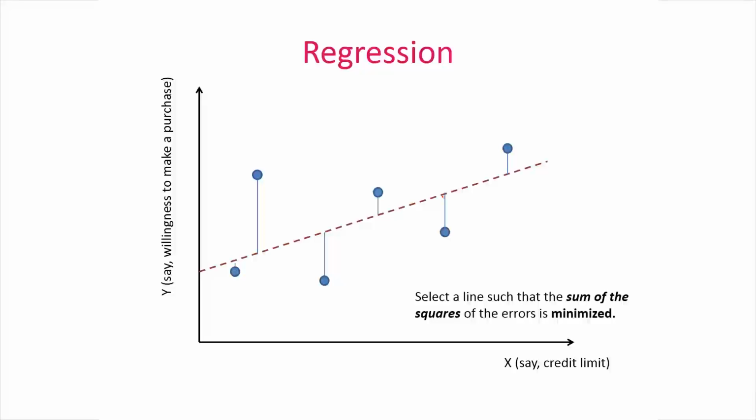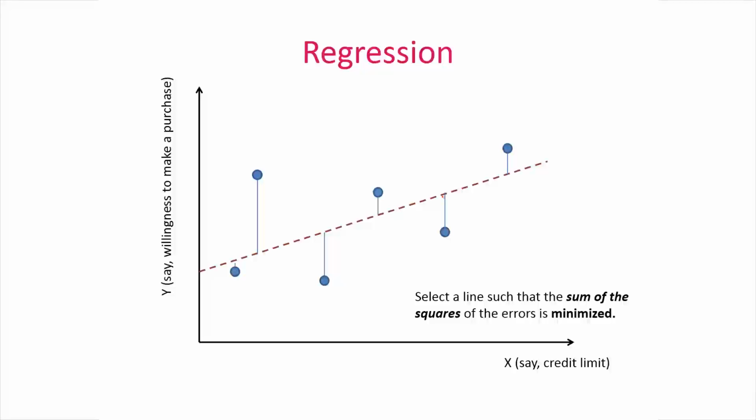So what is regression actually doing? Regression is selecting a line such that the sum of the squares of these errors is minimized. That is what we call OLS, the ordinary least squares approach to regression. Now once we have a line like this, we can actually make predictions about Y based on X. Right?